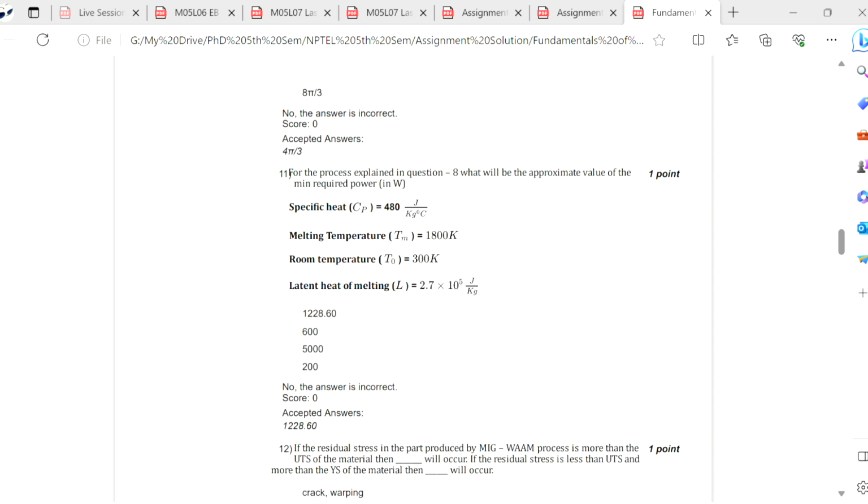I'll check this, 11. Nobody got 1228.6, right? This is not a fill in the blanks. This is the MCQ. Like four options are given, right? 1228.60, 600, 5200.